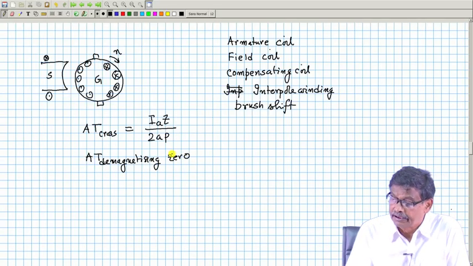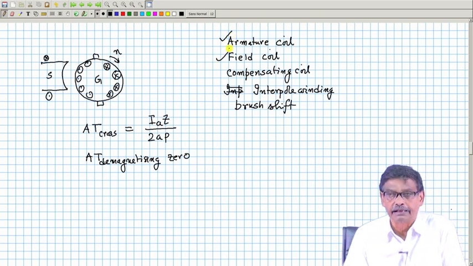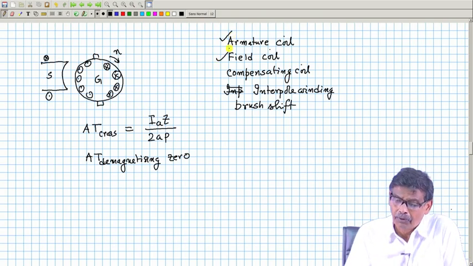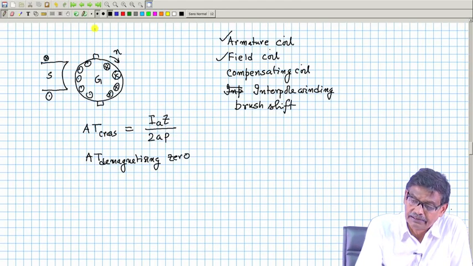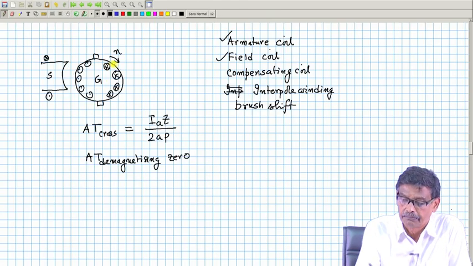So, I am considering the case where only armature and field winding are present, nothing else. What happens? The field flux is deformed, because the cross magnetizing field will be along the q axis, and there is no demagnetizing component because of this current.